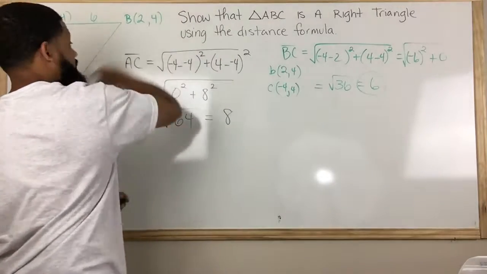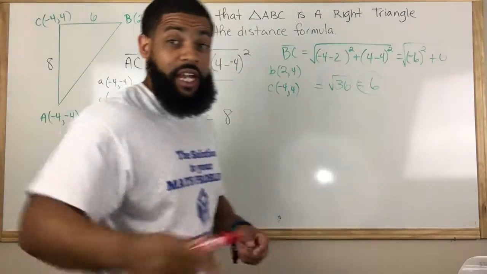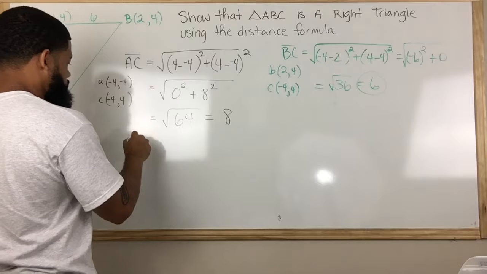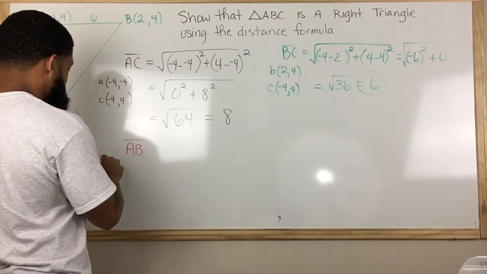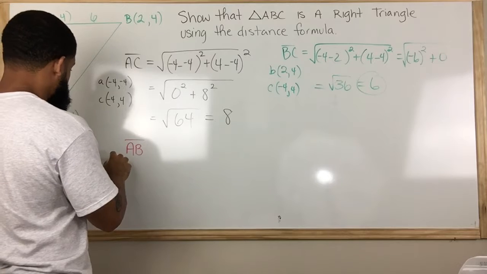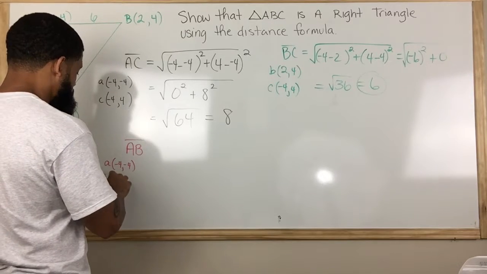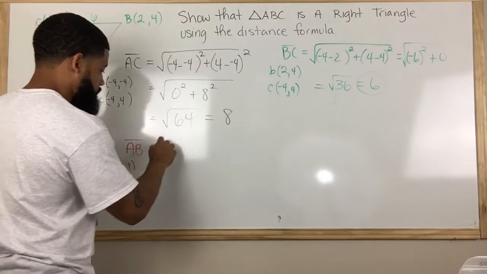Now we've got to find AB. All right, and we're going to use one more color for that one. So when we find AB, this is going to tell us the length of the third side. So let's go over here. So AB, we have A, which is -4, -4. We have B, which is 2, 4. All right, we're going to plug those in.